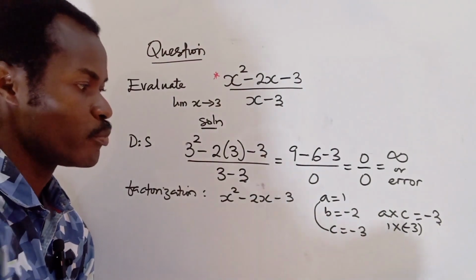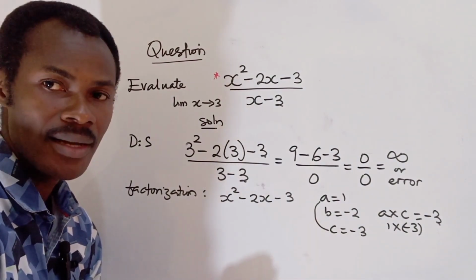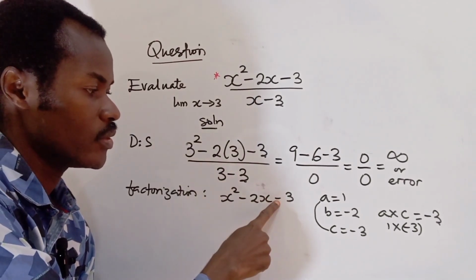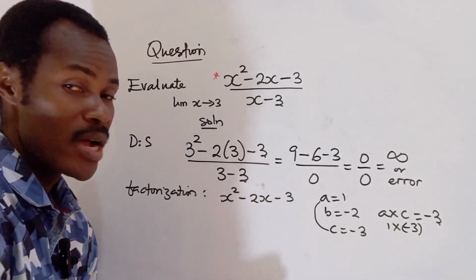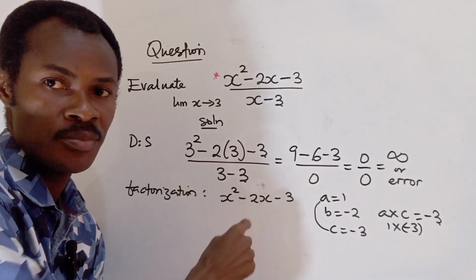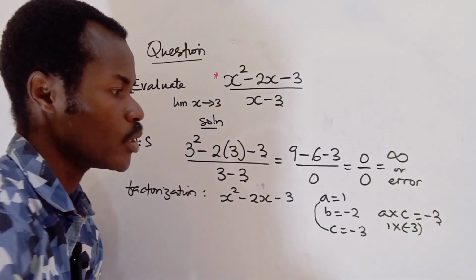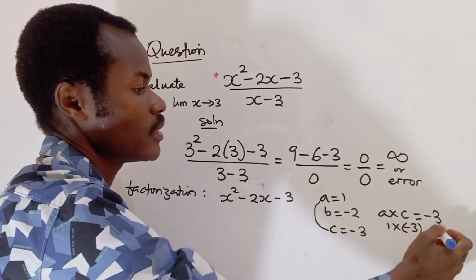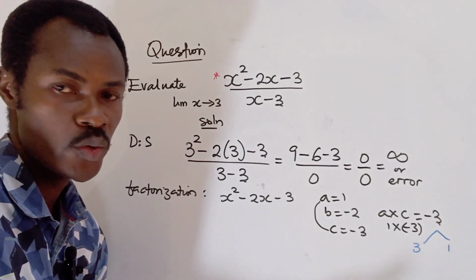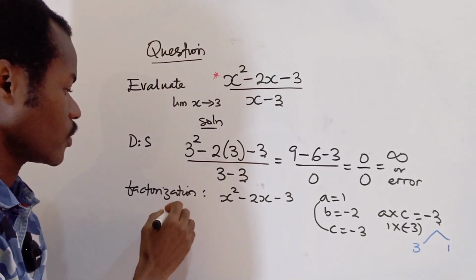Now that we know the product of ac, we want to get two numbers such that their sum is going to give us minus 2 and their product is going to give us minus 3. We are going to use those two numbers to replace minus 2x. So what are those two numbers? If you look at the factors of 3, we simply have 3 and 1. The next thing is we want to know what signs we are going to use. I'm going to have my x squared.